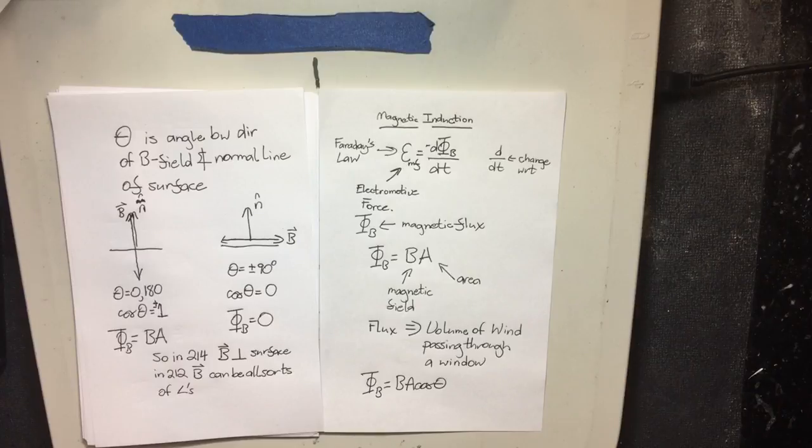Faraday's law, by definition, is that the electromotive force is the negative of the change in magnetic flux with respect to time. What I'm going to do is rip Faraday's law apart a little bit and explore it.